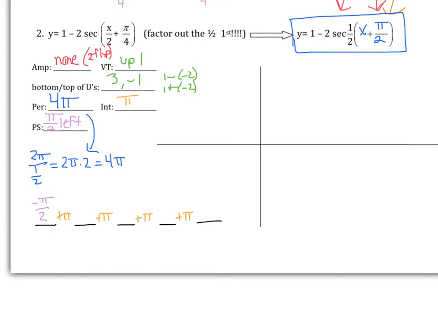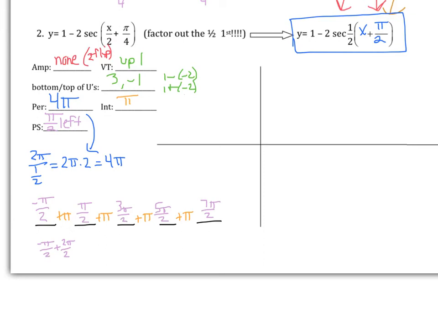Okay, so if I need to get common denominators, negative pi over 2 plus 2 pi over 2 gives me positive pi over 2. 2 pi over 2 plus 1 more pi is going to be 3 pi over 2. Plus 1 more pi is 5 pi over 2. Plus 1 more pi is 7 pi over 2.